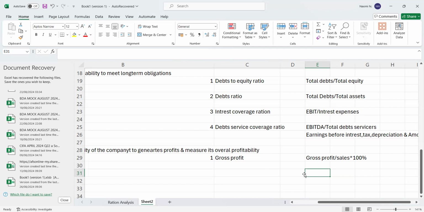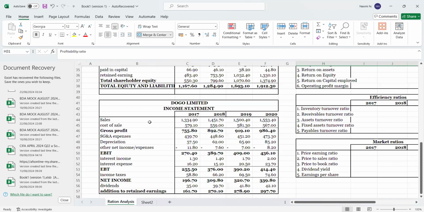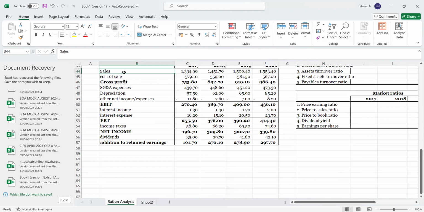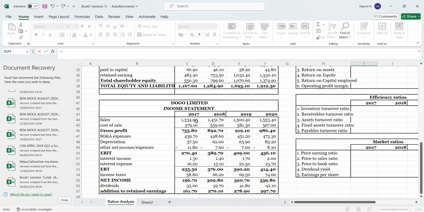Let's just go to the income statement and see how we calculate this. So it is the sales, less the cost of sales, then we get this one. So for us to calculate the ratio of the percentage of revenue that remains after we have paid this, we come here and say is equal to this amount divided by this times 100%.